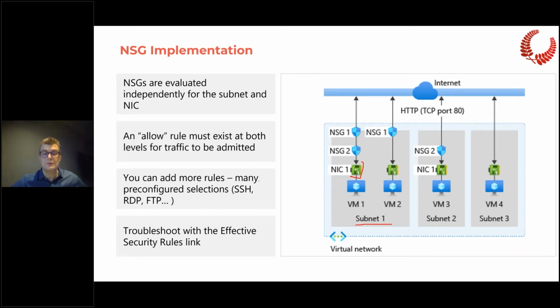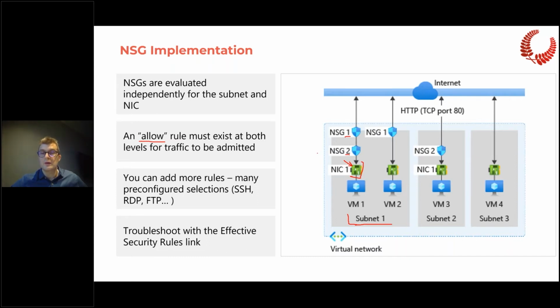We need to think about implementation a little bit more carefully, since an allow rule must exist on both levels for traffic to be admitted. So what does it mean? For example, if we have network security group 2 attached to this network interface card 1, and network security group 1 attached at the subnet level, both of these network security groups 1 and 2 have to have an allow rule to allow traffic to go in.